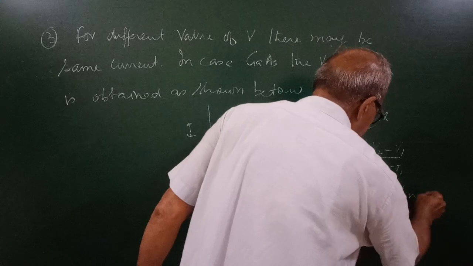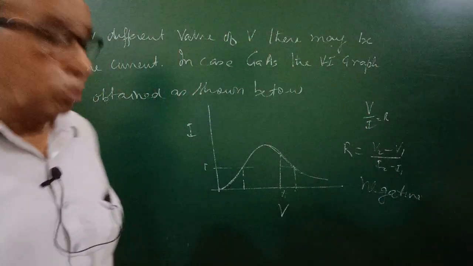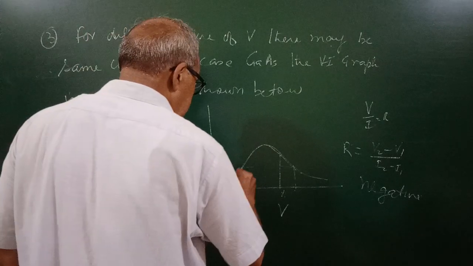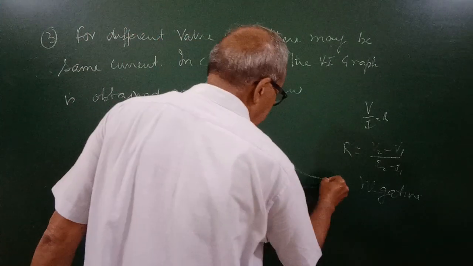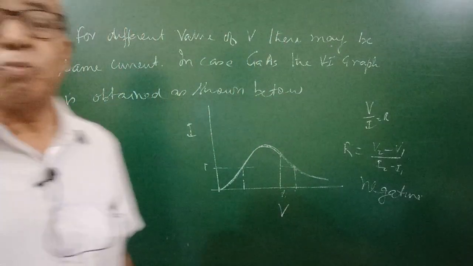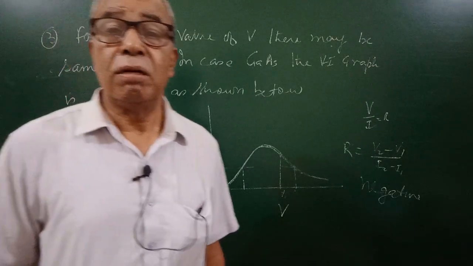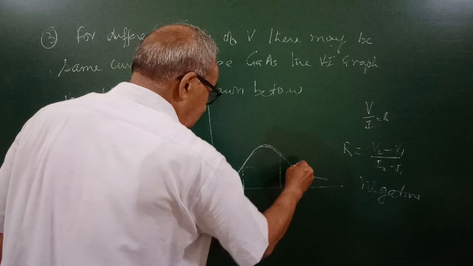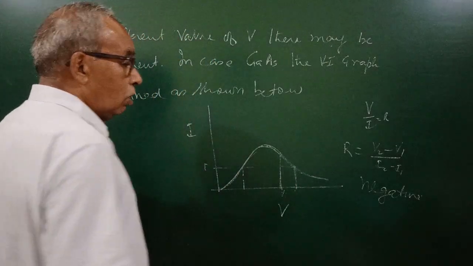This is called negative resistance. Once in the board exam this graph was drawn and they asked: mark the region of negative resistance. So this is the region of negative resistance.